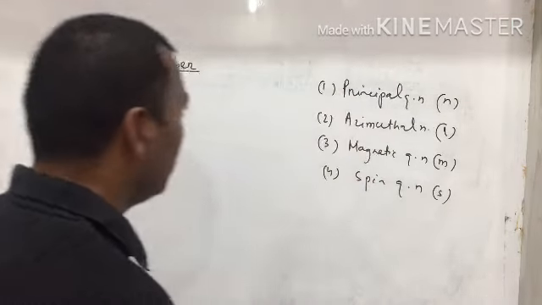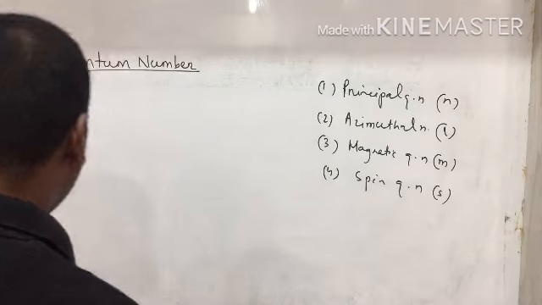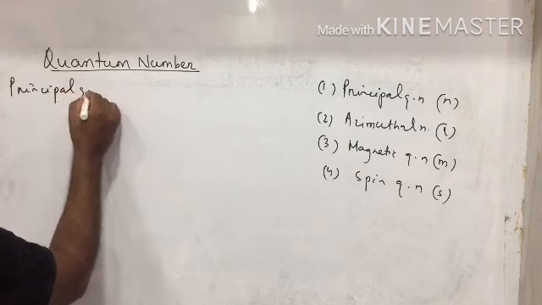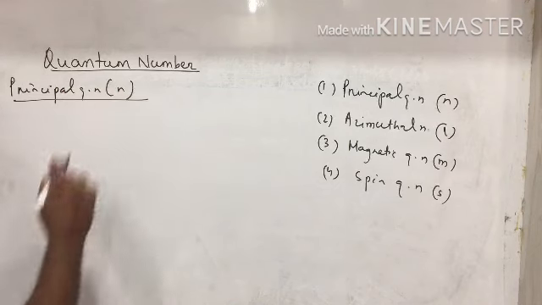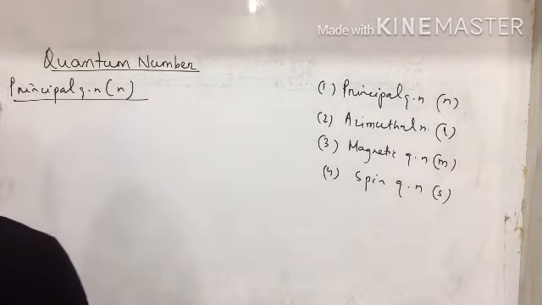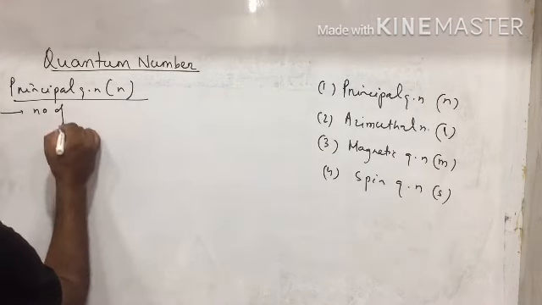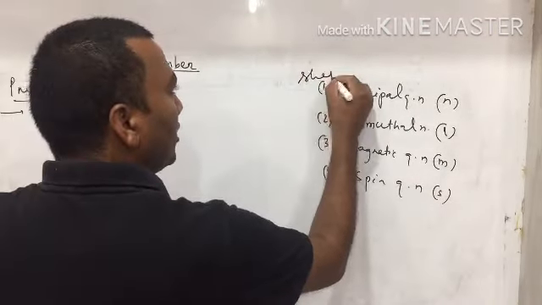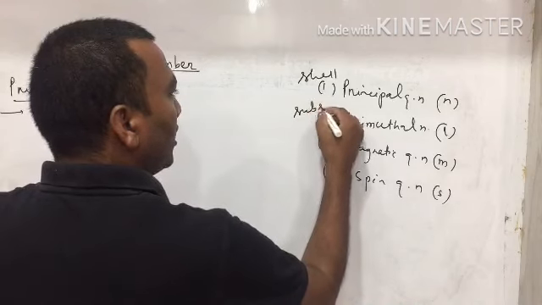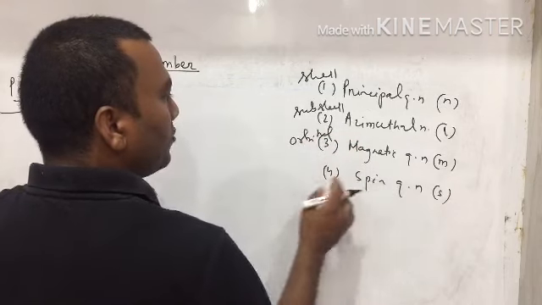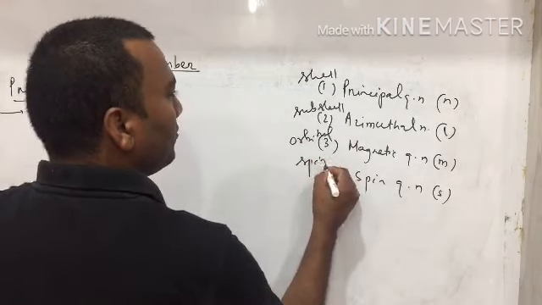Quickly remember: the principal quantum number explains the cell, the azimuthal quantum number explains the subcell, the magnetic quantum number explains the orbital, and the spin quantum number explains the spinning of the electron.